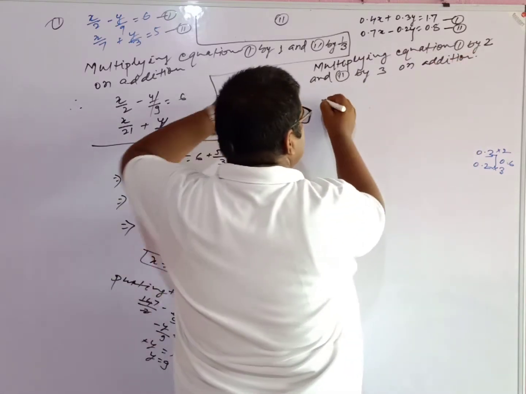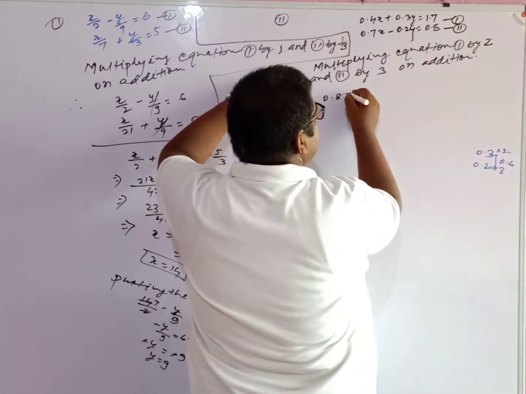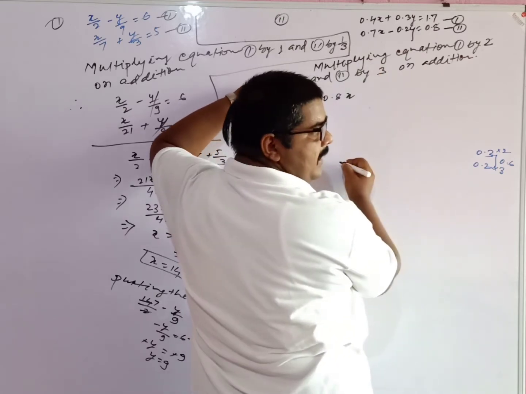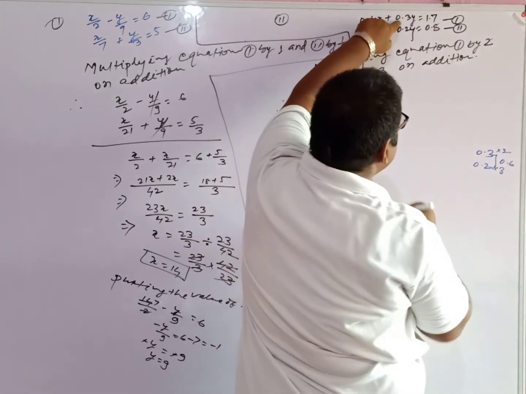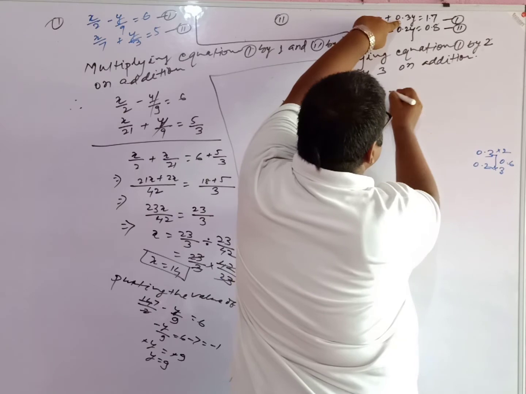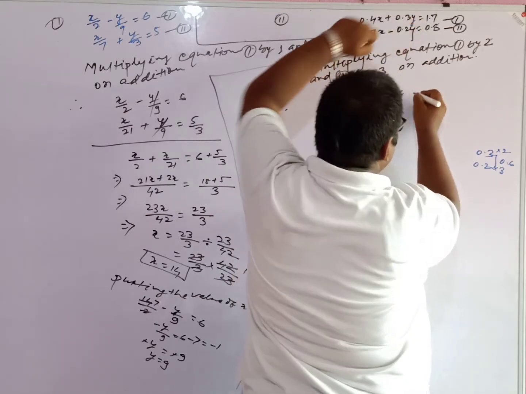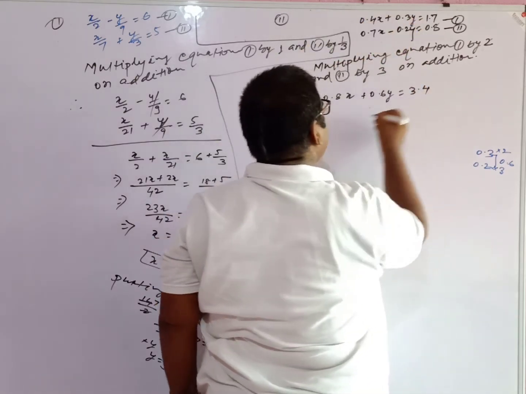On addition, multiplying each term of the first equation by 2, you get 0.8x + 0.6y = 3.4.